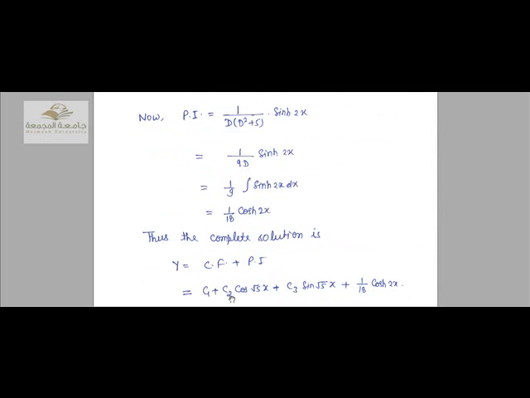This is equal to 1/9D sinh 2x, that is 1/9 ∫ sinh 2x dx = 1/18 cosh 2x, and thus the complete solution is y = complementary function plus particular integral = c1 + c2 cos √5x + c3 sin √5x + 1/18 cosh 2x.